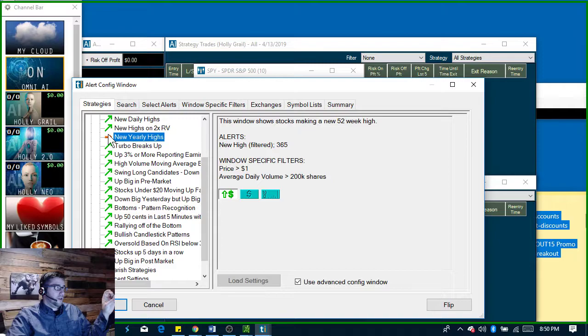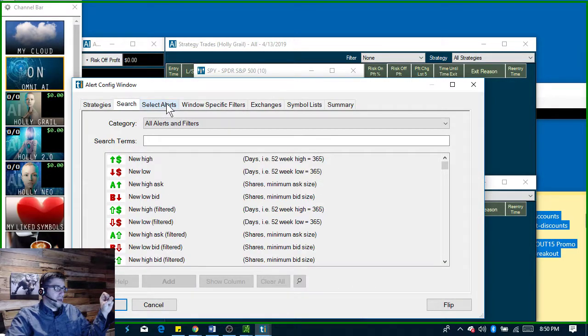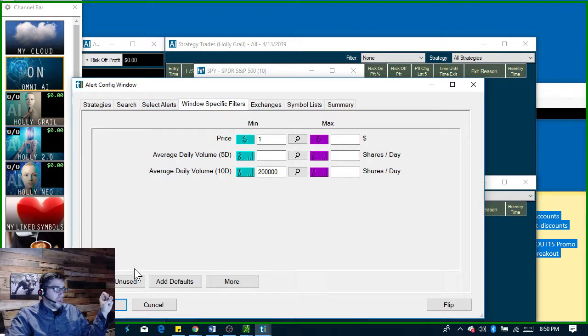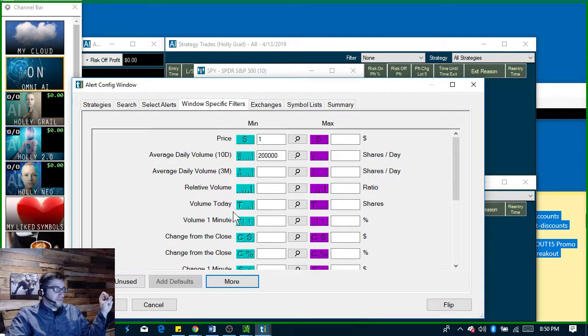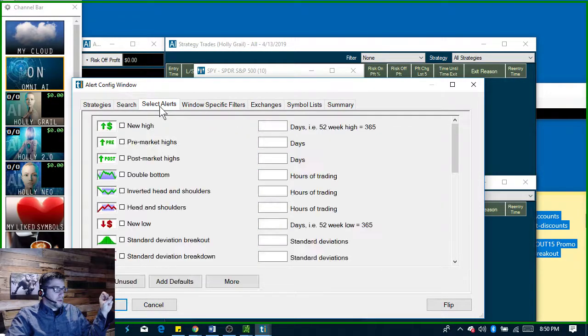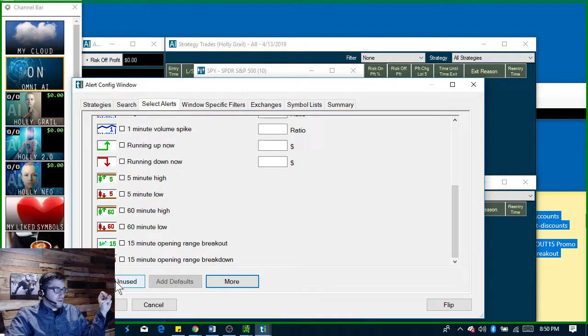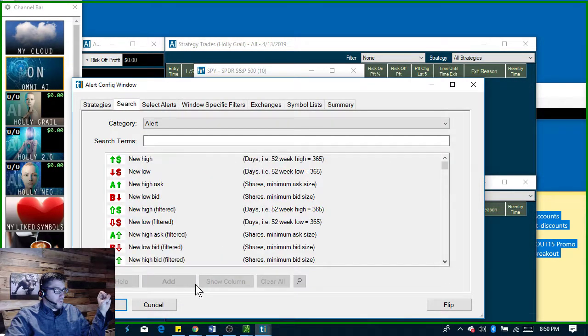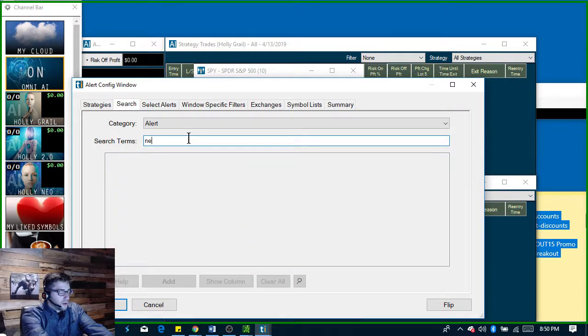So I could add new yearly highs to my, let me go to add filters, add defaults, select alerts, add defaults. More. Let's see. New yearly.